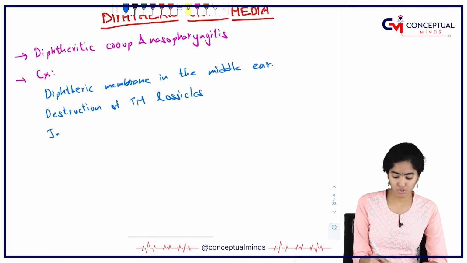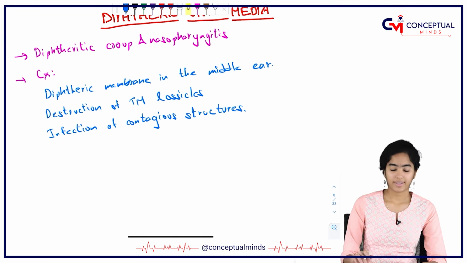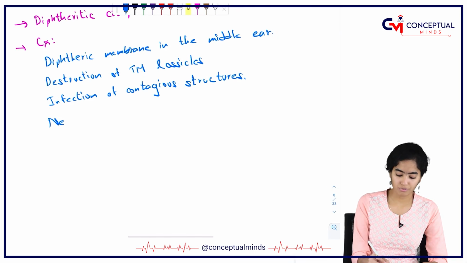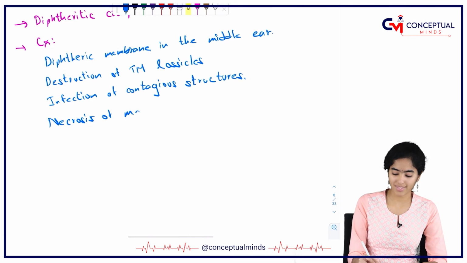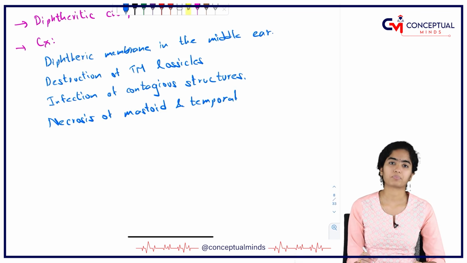Infection of the contiguous structures, and the entire middle ear cleft could be infected. There could be necrosis of bones. What are the bones that are usually involved? Mastoid and temporal bone. These two bones could show necrosis.